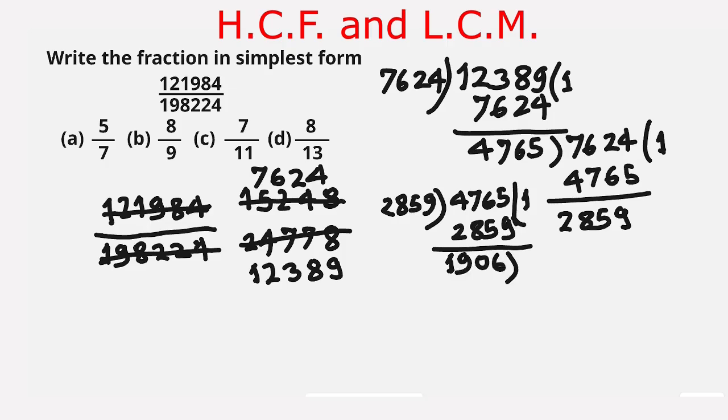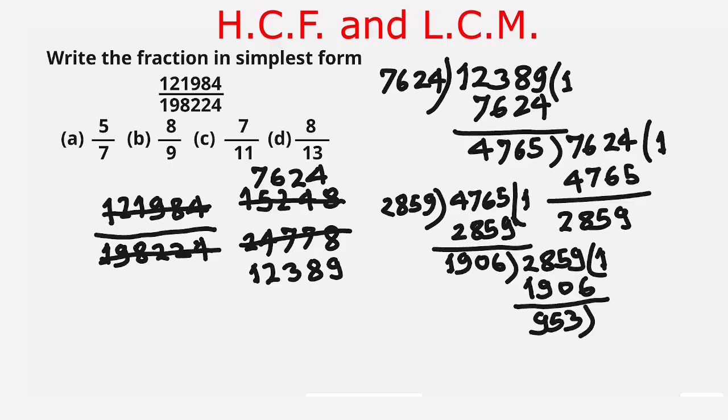Now we divide 2859 by 1906. 1906 divides 2859 one time. On subtracting 1906 from 2859, we get 953.